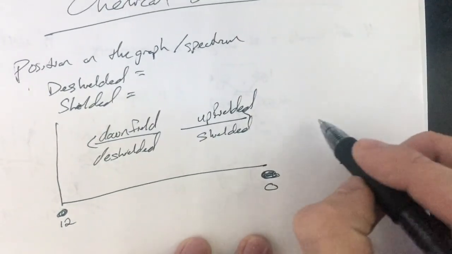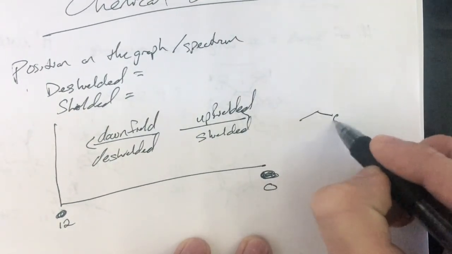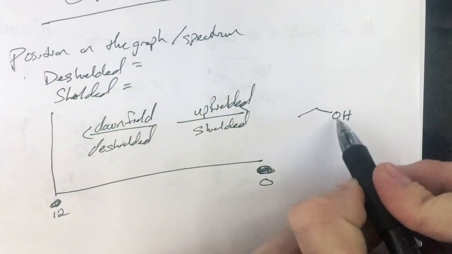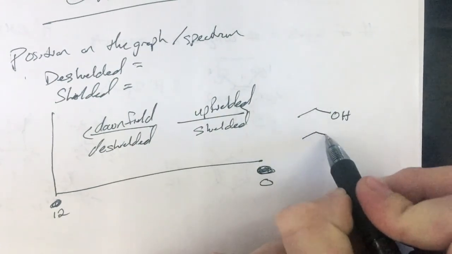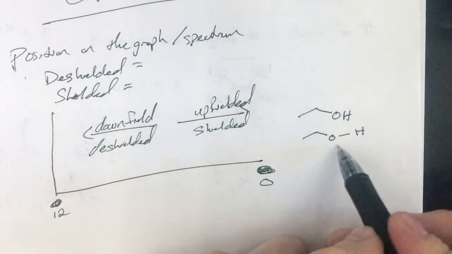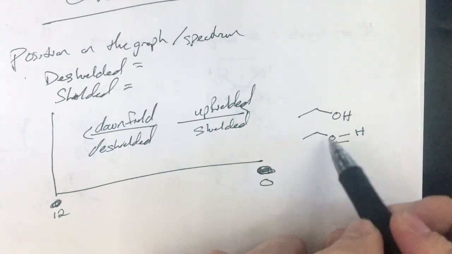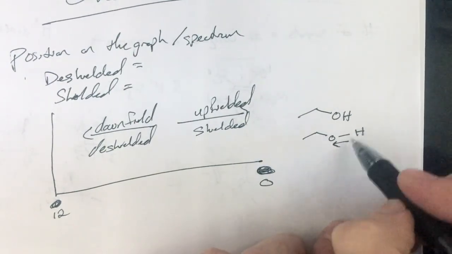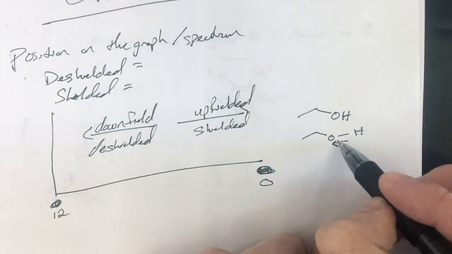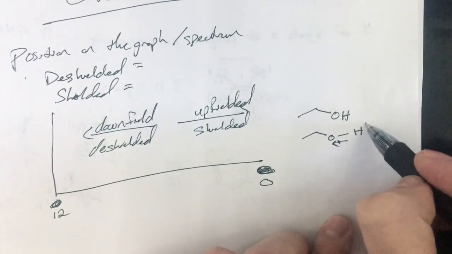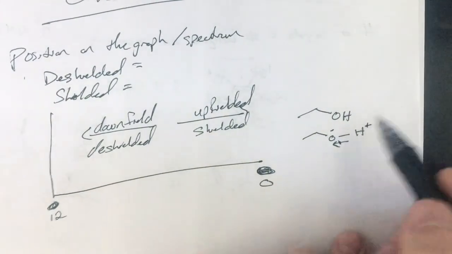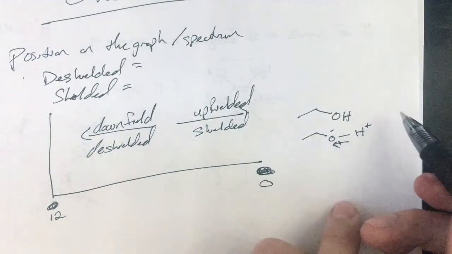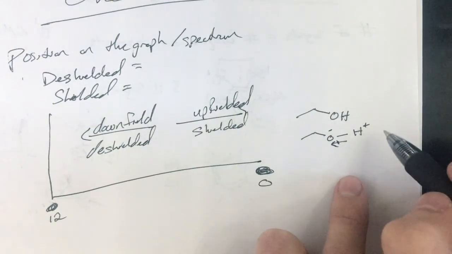So, for example, if we have this ethyl alcohol, we know that this oxygen is very electronegative, and so it's going to be pulling electrons towards itself, so that this proton has fewer electrons around it because it has this partial positive, and now this has this partial negative, because the electrons are coming away from it, and so it's less shielded.